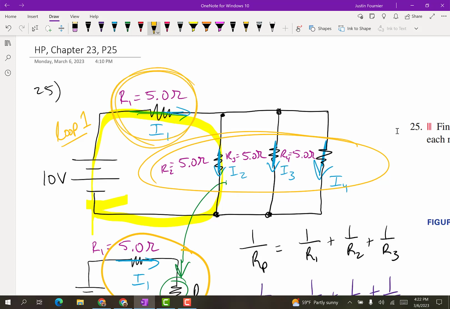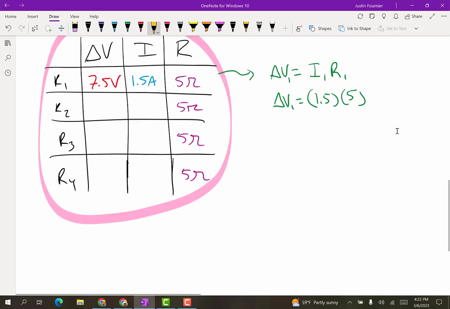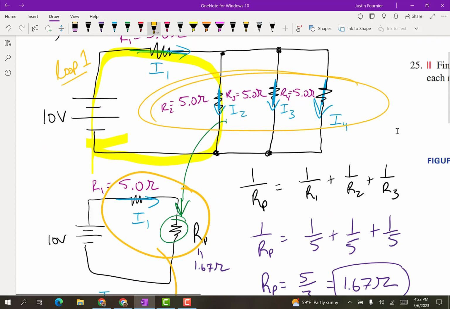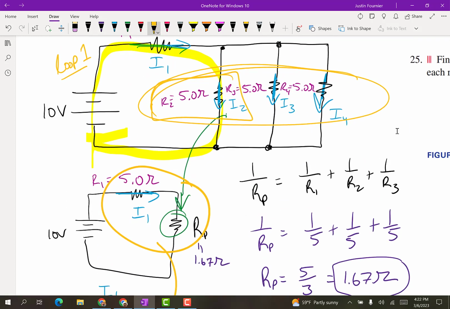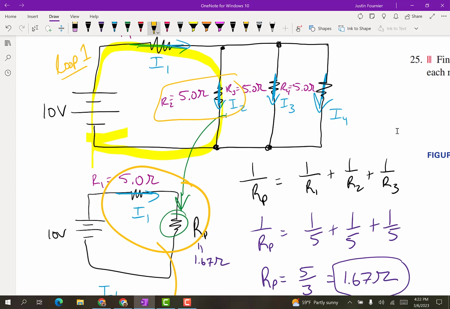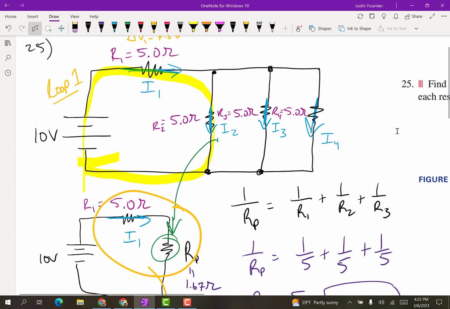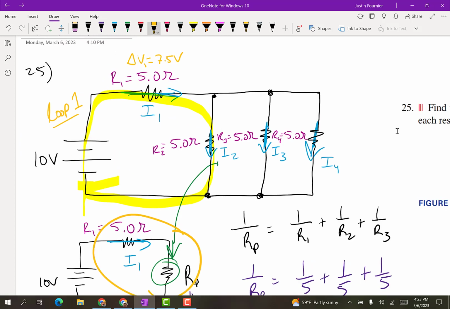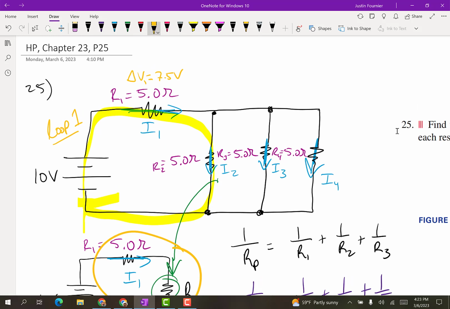This one we know takes 7.5 volts, because we just found that out. And that means the only other resistor this loop goes through is R2, so R2 is going to take the remainder of those 10 volts. The voltage provided by the battery has to equal the voltage drop across R1 plus the voltage drop across R2.